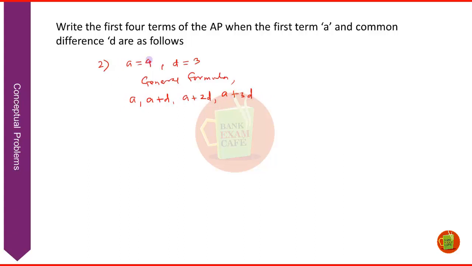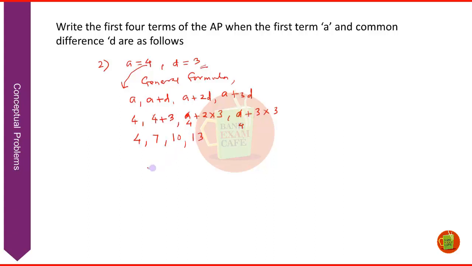So A is the first term, that is 4, so it will be 4, then A plus D, 4 plus D is 3, so 4 plus 3, A plus 2 into 3 and A plus 3 into 3. So it will be 4, then this will be 7, 3 times 2 is 6, A is 4, 6 and 4 is 10. Here again A is 4, 3 times 3 is 9, 9 plus 4, that is 13.